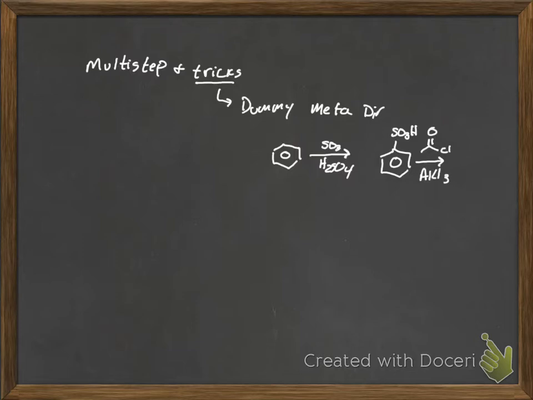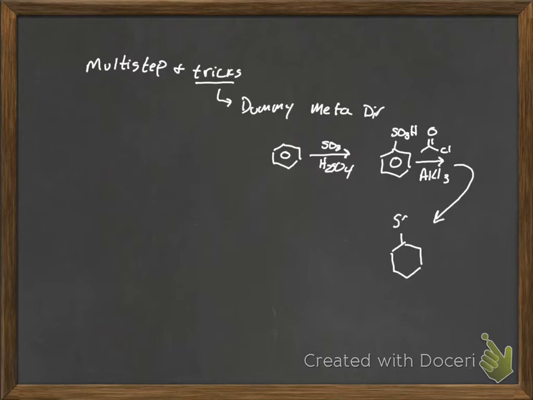For those of you who love details, you should probably use 2 equivalents of aluminum trichloride there because one of them does get bound up in the carbonyl oxygen, but that's the least of my worries.